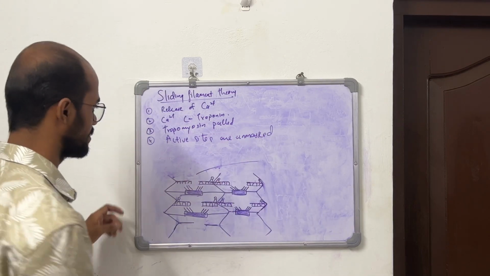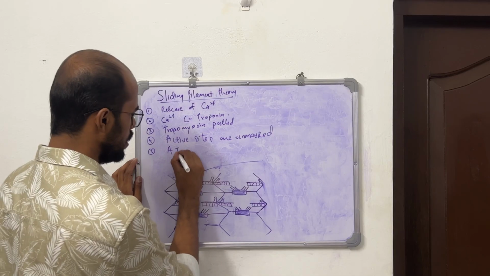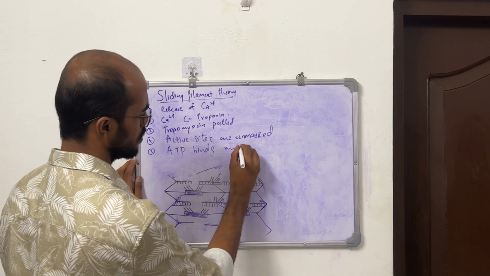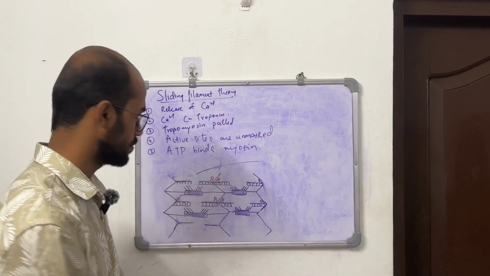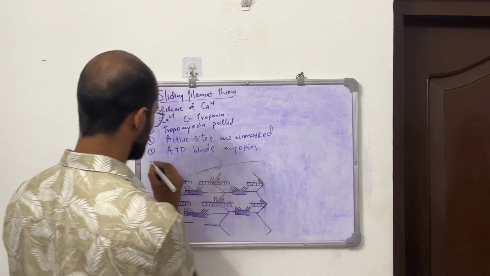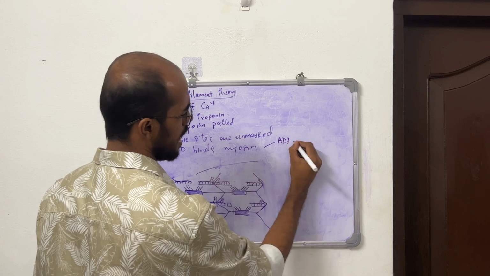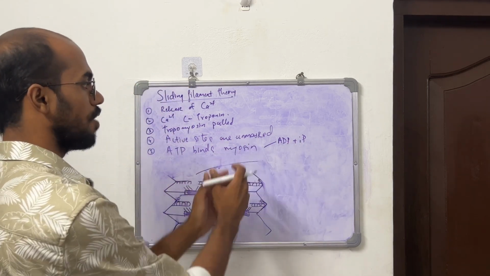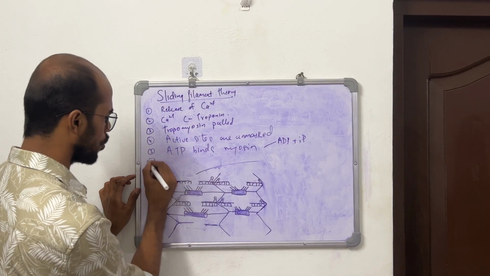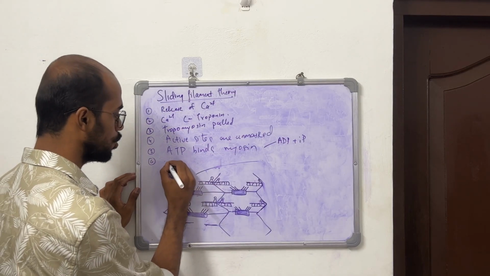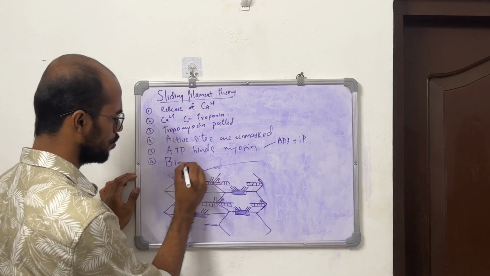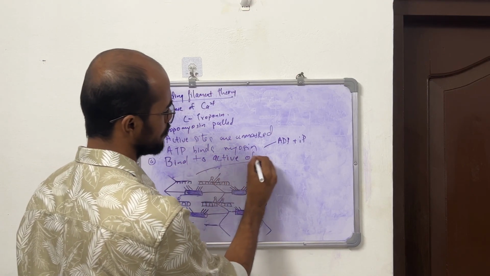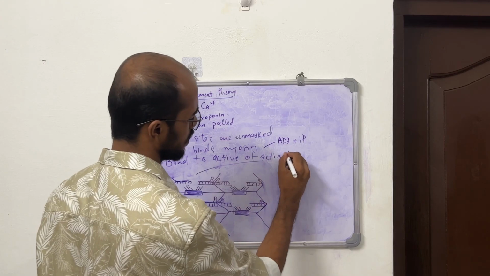right? Now what happens? An ATP molecule binds to one of the myosin heads, right? And it is hydrolyzed into ADP and inorganic phosphate, and this energy released during the phosphorylation is used by the other myosin head to bind to our active site of the actin filament or thin filament, right?